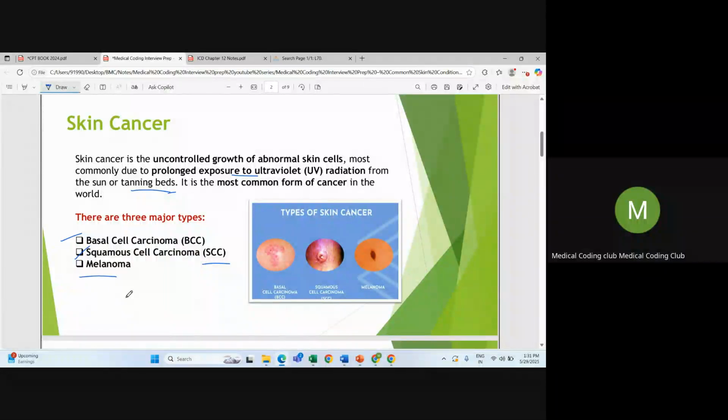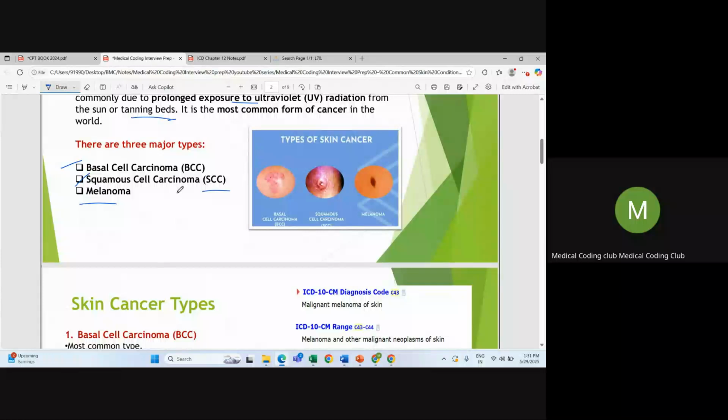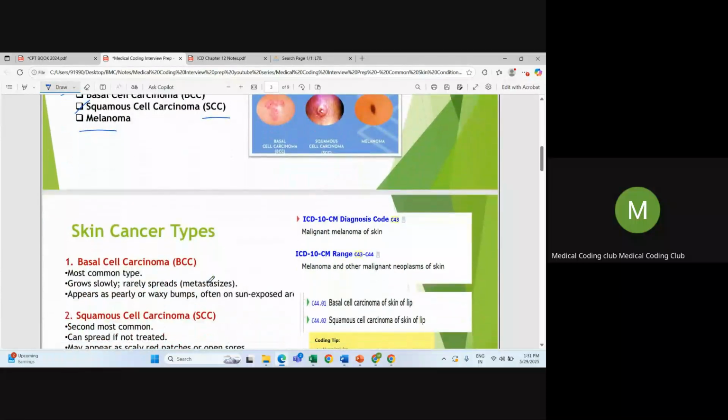We need to identify what kind of skin cancer the patient is suffering from, whether it is BCC, SCC or melanoma. According to that, we need to check the site and laterality, and then assign the appropriate ICD code.